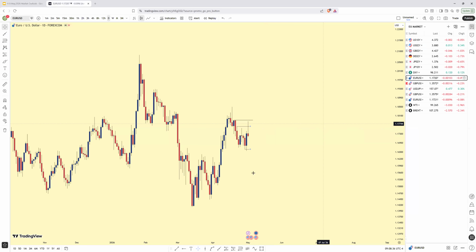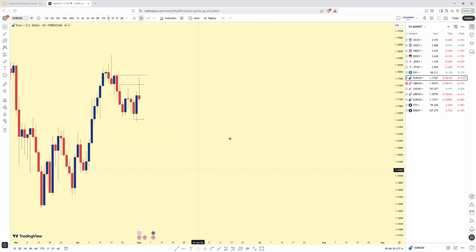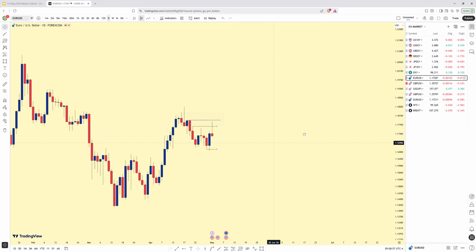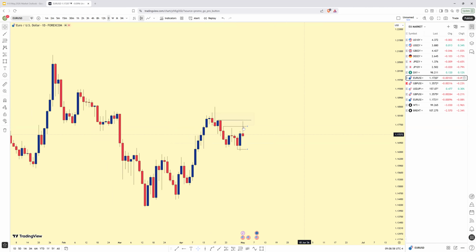So Euro USD is inside, very nice rejection for those who trade ICT, because this is a very clean resistance area where this market is rejecting from.